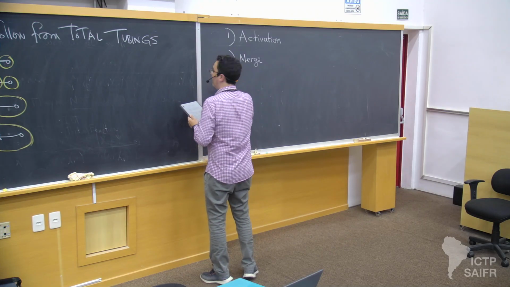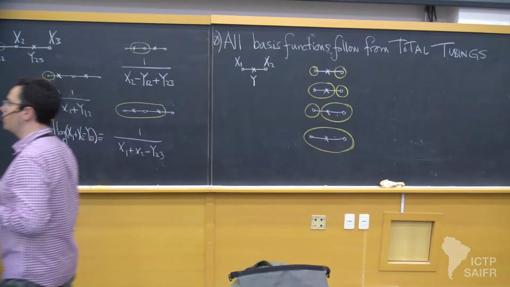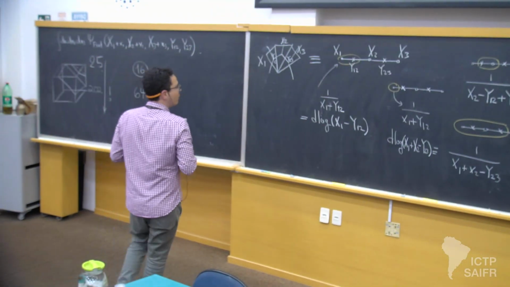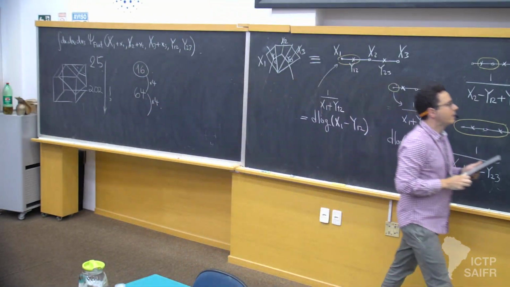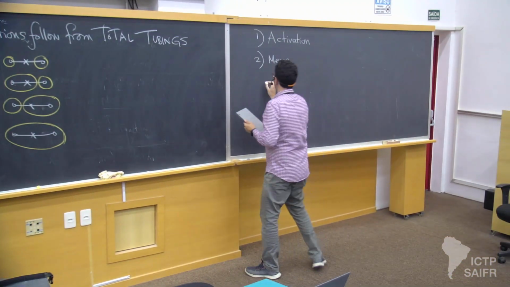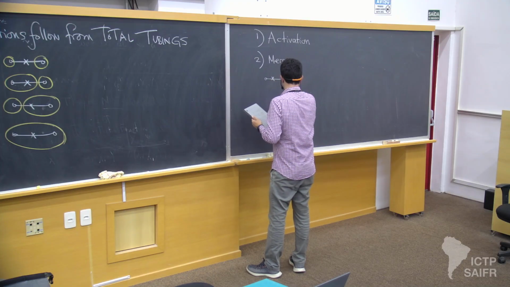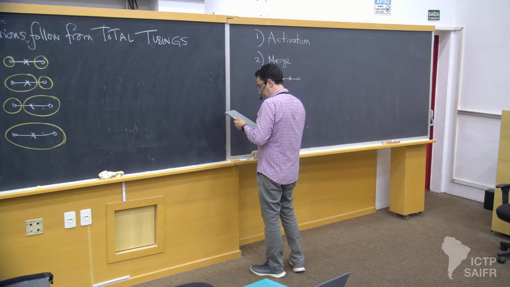Of course I could do the 16 by 16 matrix, but you'll probably murder me by the end of it. So I'm going to do one example, one of the 16 lines. I'm going to take the function that is associated with this tubing here, because it illustrates all the points.